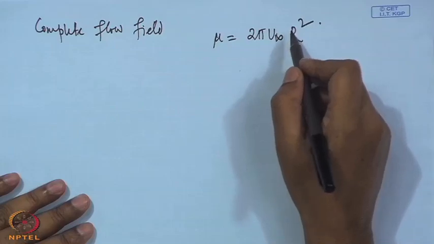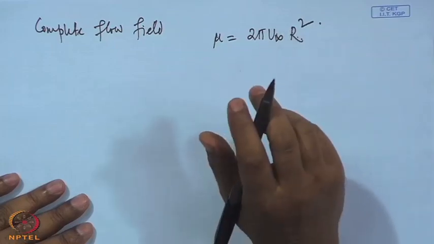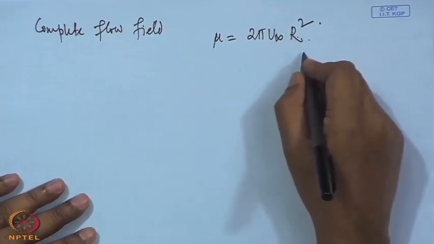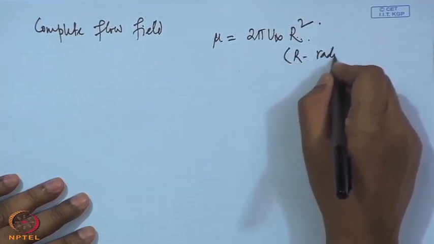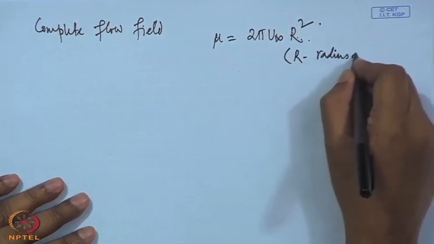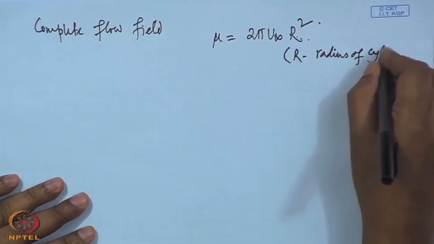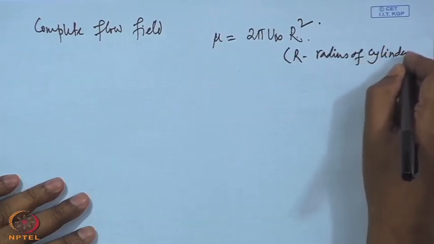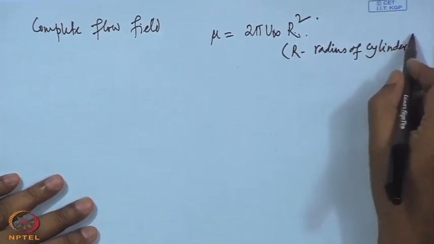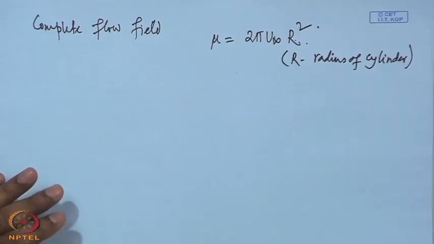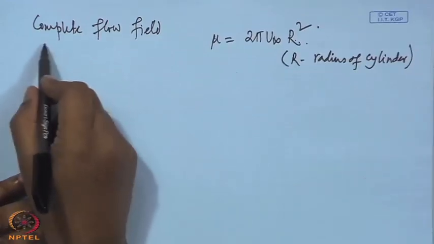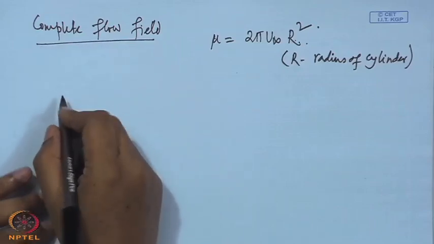For the cylinder, the radius is r. So, what will be phi?